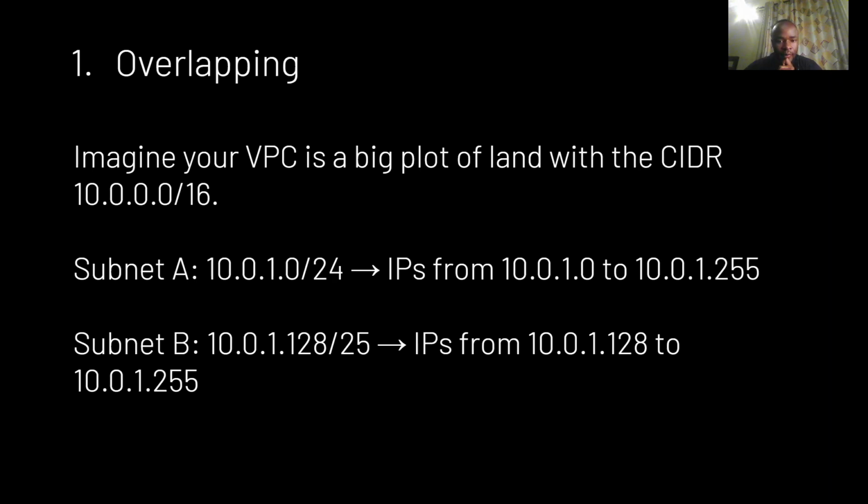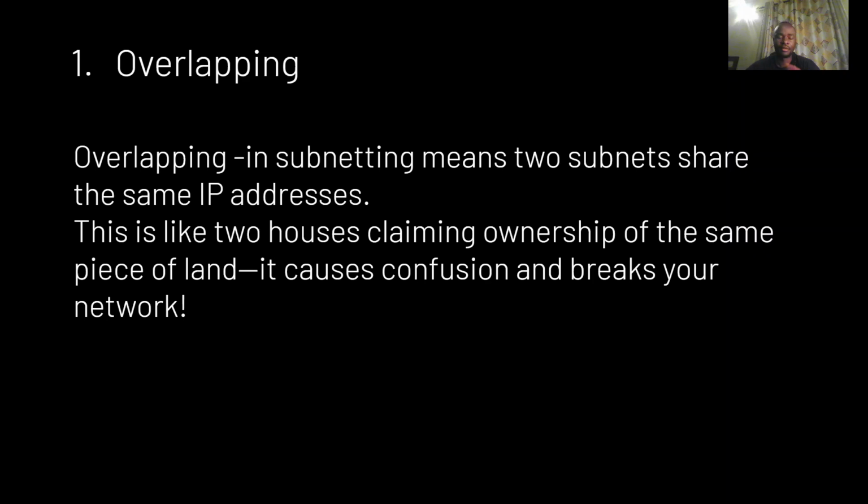So imagine you have your VPC as a 10.0.0.0/16 address, and in this address you subnet. You create your subnets: neighborhood A as 10.0.0.0/28, and neighborhood B has 10.0.0.0/24.